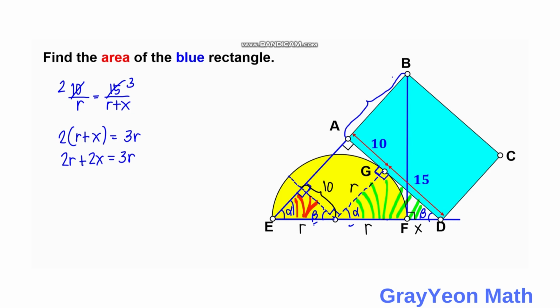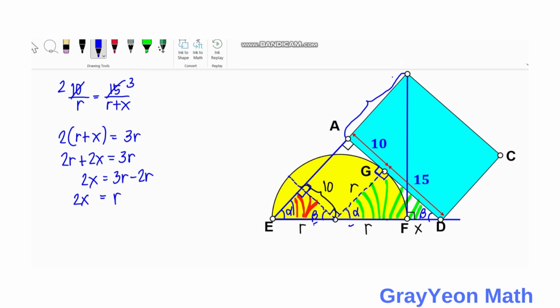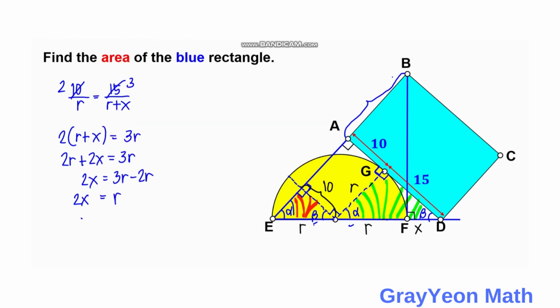So 3R minus 2R is equal to 2X. So R is equal to 2X. Or we can simply say also that X is equal to R over 2, if we divide both sides by 2 or multiply by 1/2. So X is equal to R over 2.